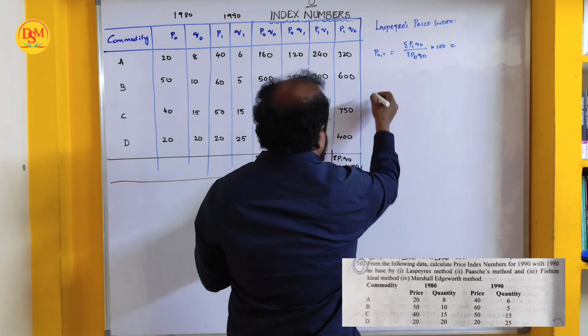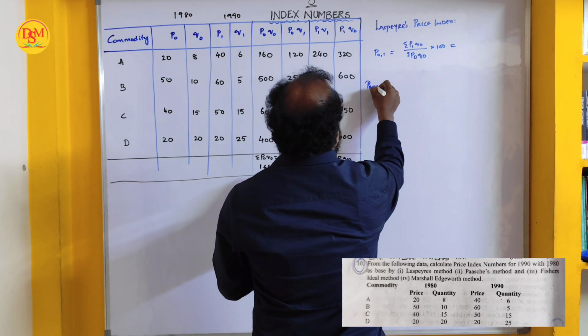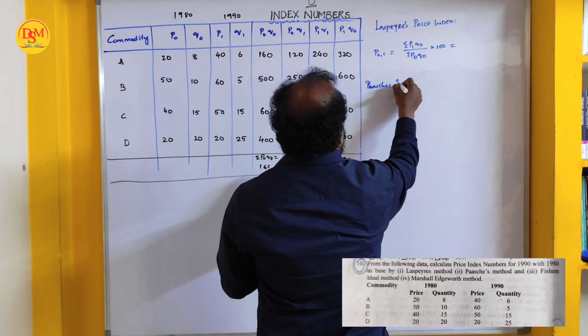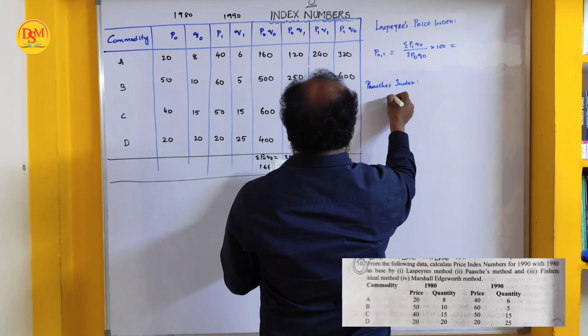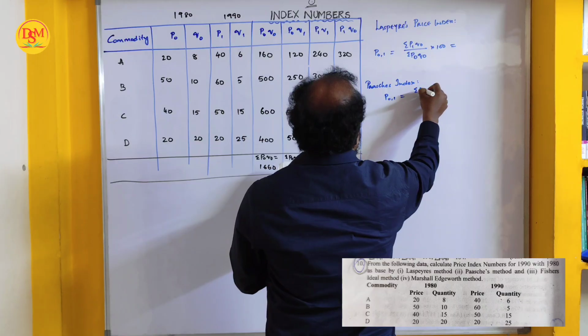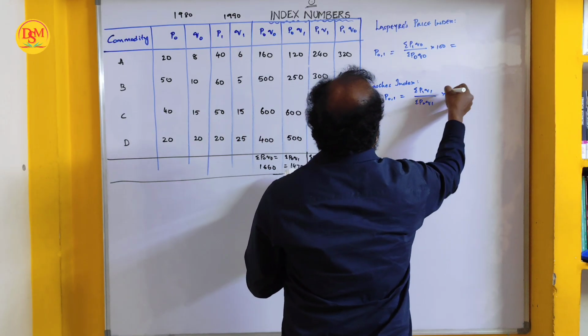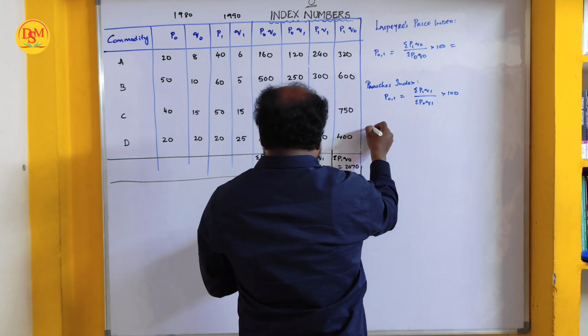Next, after Laspeyres, next is Paasche. Paasche index number P01 is equal to P1 Q1 by P0 Q1 into 100.